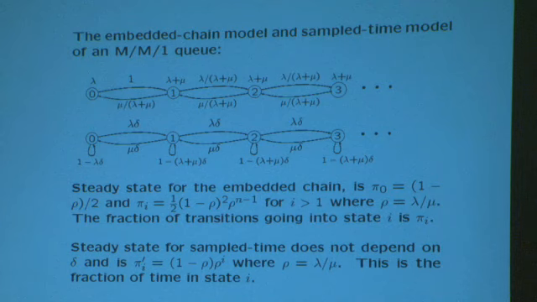You make those transitions at rate lambda, so the sample time model has this transition in discrete time with probability lambda delta, this transition with probability mu delta, and so forth up. You need these self-transitions in order to make things add up correctly. The steady state for the embedded chain is pi sub 0 equals (1 minus rho) over 2.